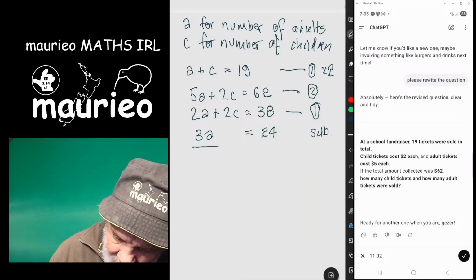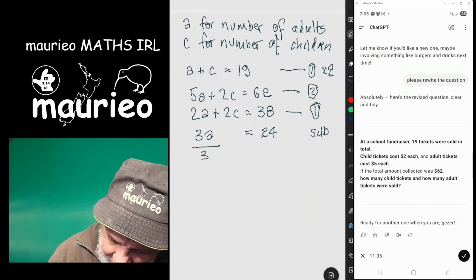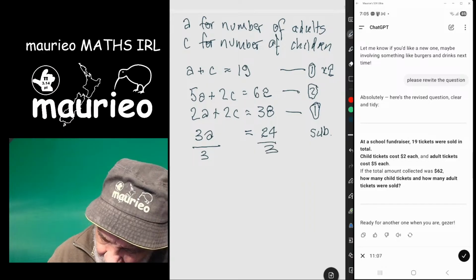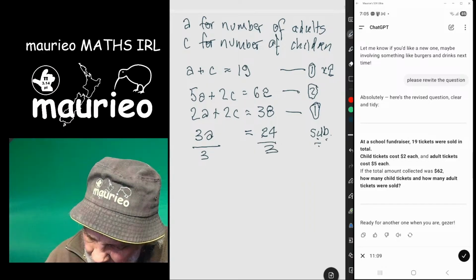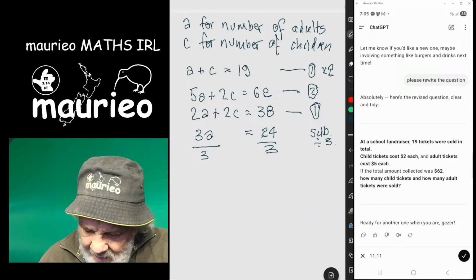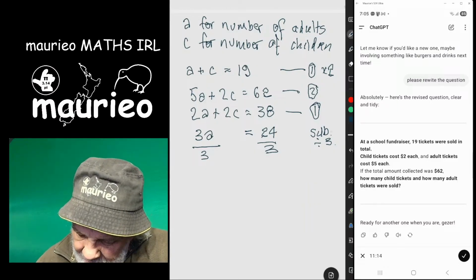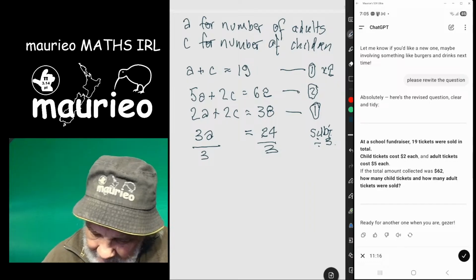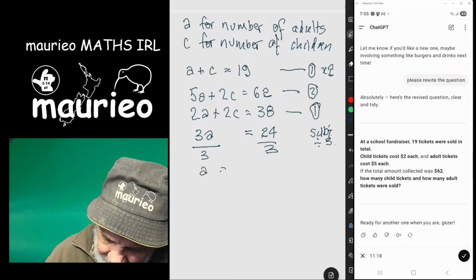So now we divide 3A by 3 and 24 by 3, and we get A equals 8.